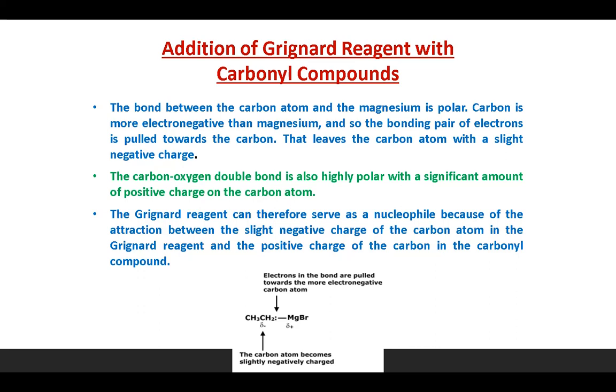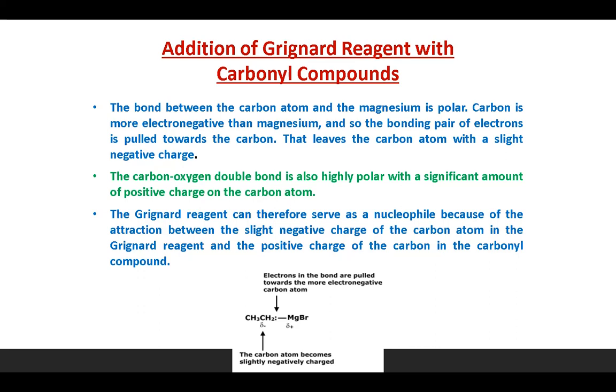They are prepared by adding an alkyl halide to magnesium, being stirred in anhydrous diethyl ether or THF. The magnesium gets inserted between the carbon and the halogen.